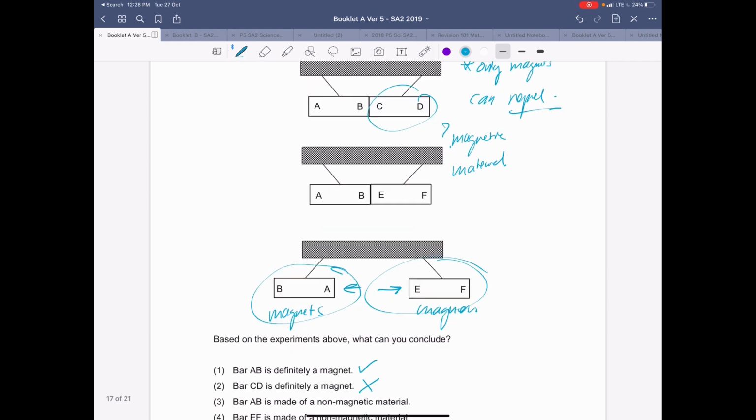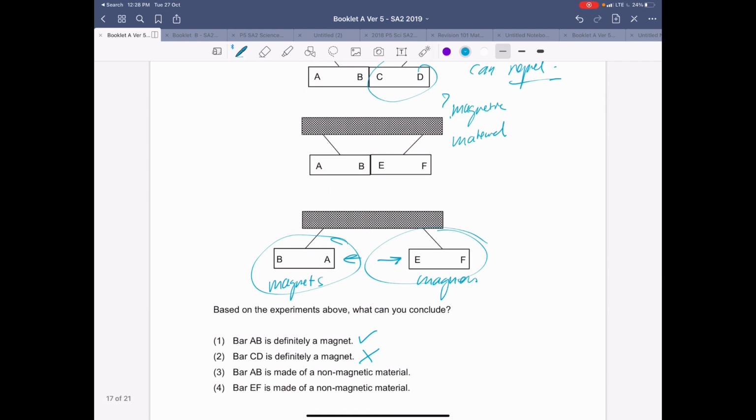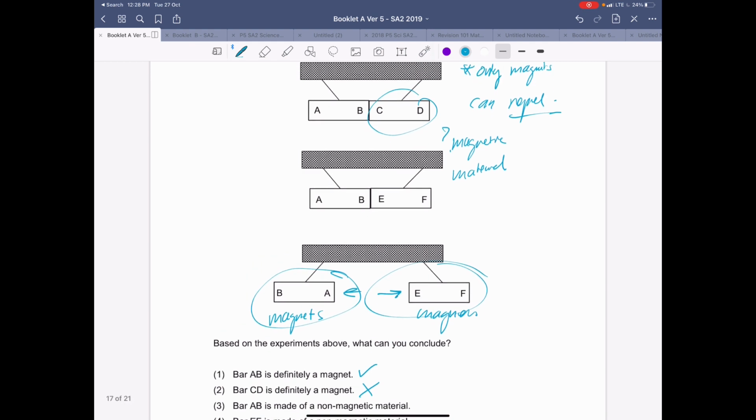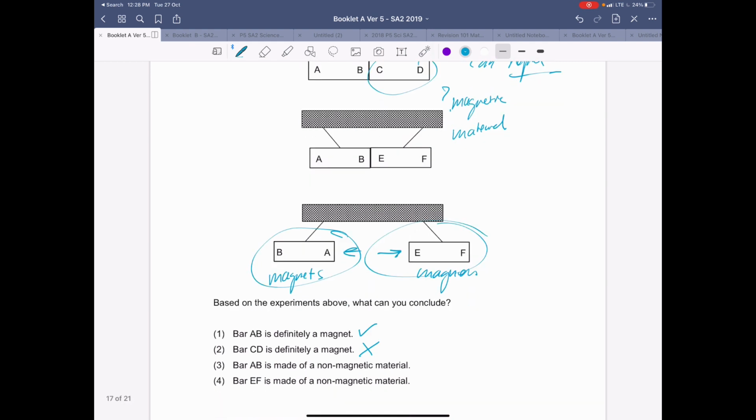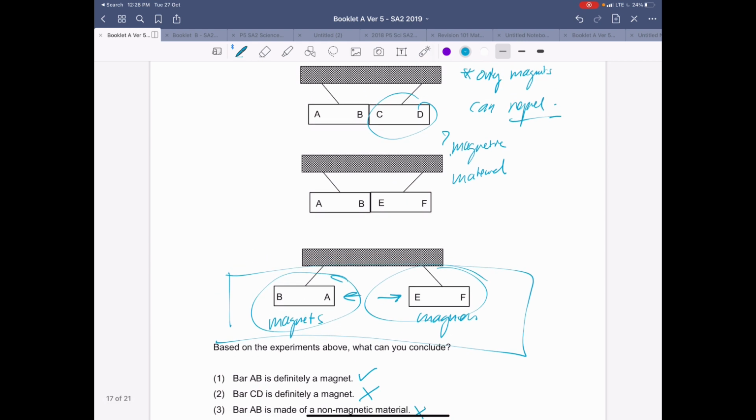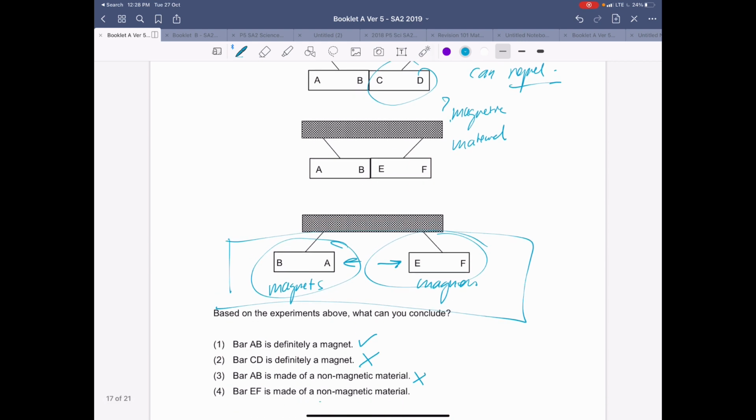You don't know. Alright? A and B is made out of non-magnetic material? Not possible. Why? Because you already determined that it's able to repel. Okay, so it must be a magnet. Bar EF is made out of non-magnetic material? Cannot be also. Because in order to be attracted to A and B, which you already know is a magnet, your EF here must either be a magnet or magnetic material, one of it.